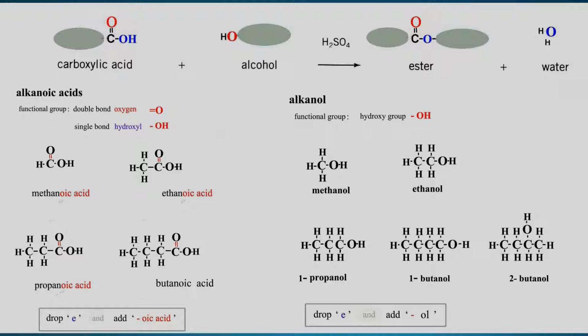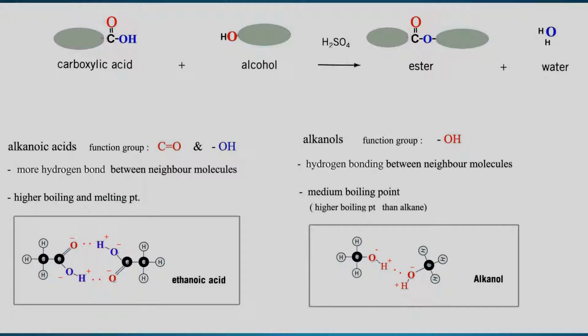Now let's look in more detail. What difference does this double bond O and single bond OH make? We look back at the alcohol, the one that we're familiar with. All the alcohols have an OH.